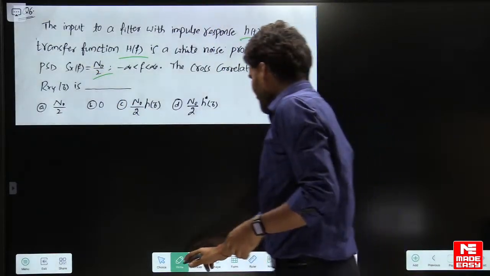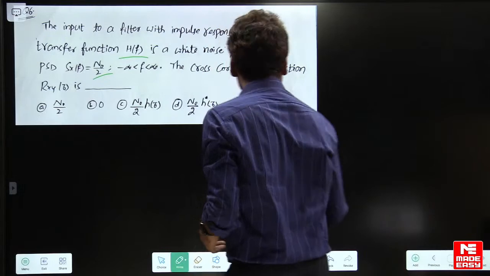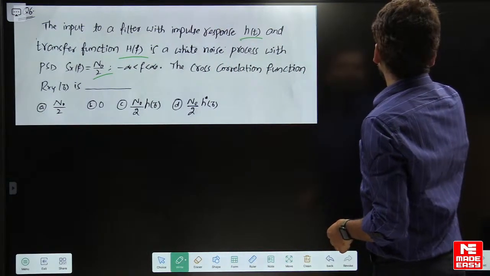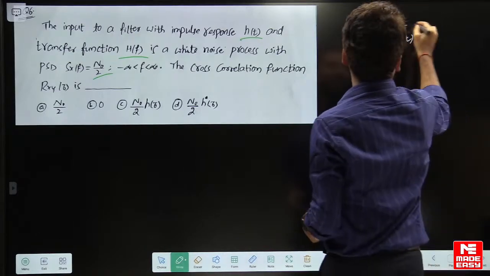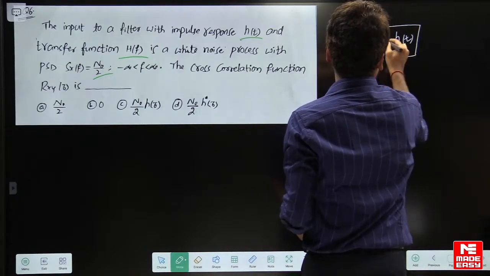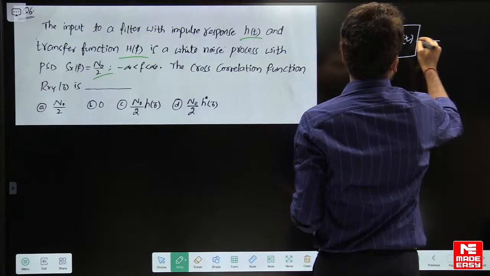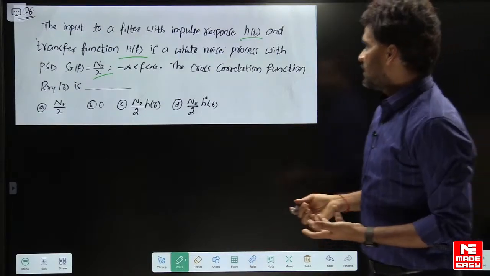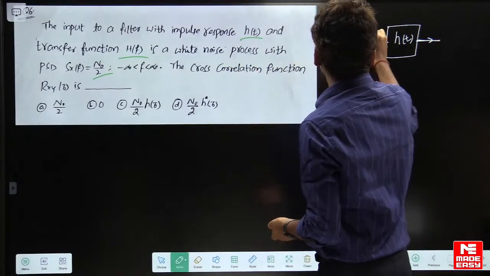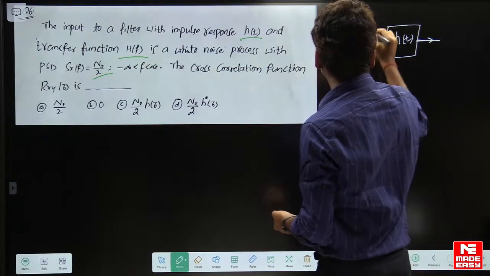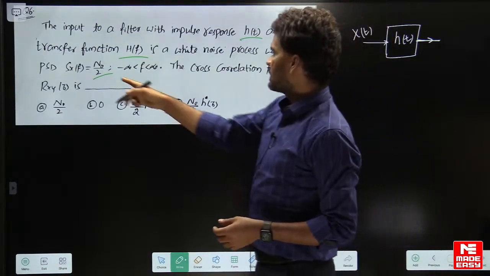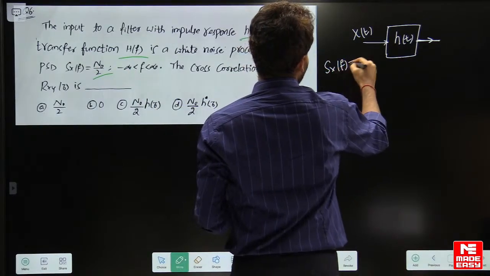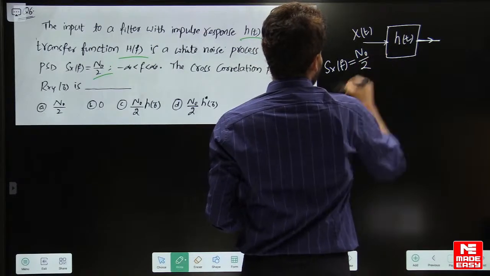So a filter is given whose impulse response is ht and transfer function is hf. The input to this filter is a white noise process, which I'm denoting with xt, and its power spectral density is n0 by 2.